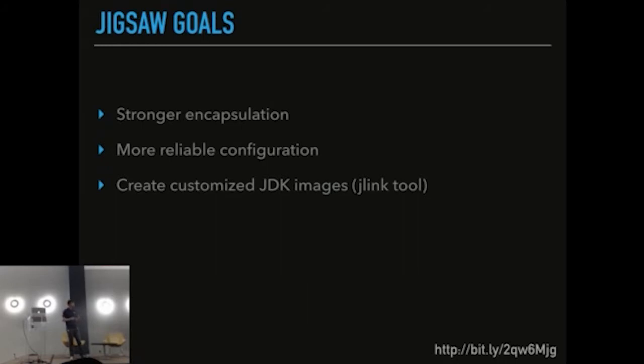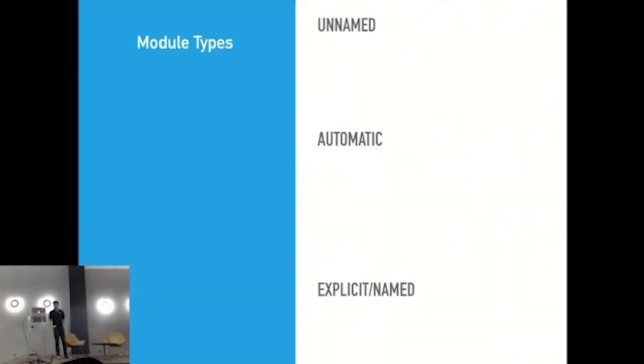With the JLink tool, it can read in that my API gateway is not making use of any Java SQL, and then it'll create a custom image that doesn't include Java SQL within it, so that should greatly reduce the size of the JDK image that you may be using. So that can be where the benefit comes in: massive horizontal scalability, or when the cost of storage is at a premium on devices.